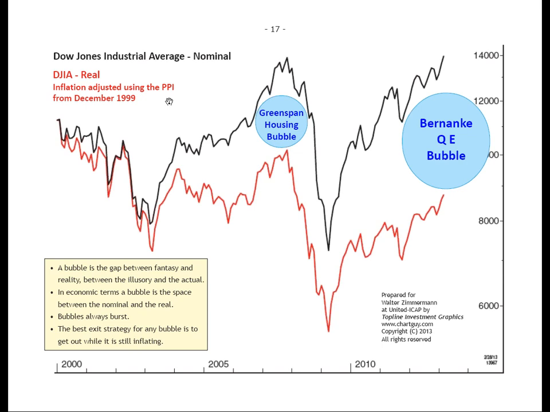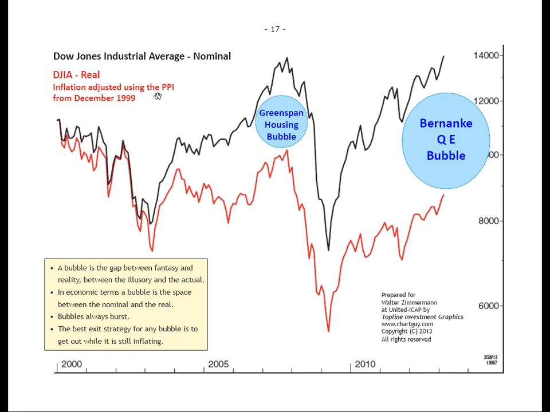Now again, the PPI is probably understating the inflation situation here, just as the CPI definitely understates it. But what one sees here is something pretty dramatic. A huge, unprecedented gap has opened up between the real Dow Jones Industrial Average and the nominal.